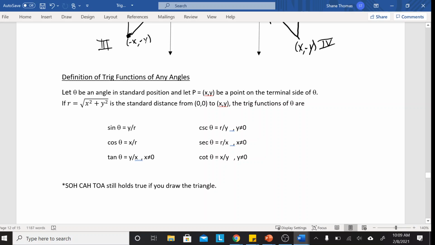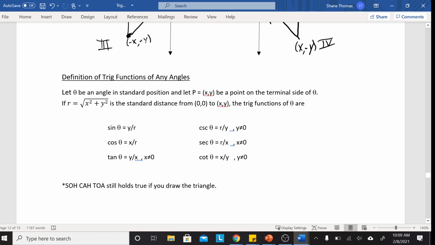So here are your different trig function values. Your sine would be y over r, cosine is x over r, tangent is y over x, cosecant is r over y, secant is r over x, cotangent is x over y. What these do for us is allow us to take that point that makes a triangle, and we don't even have to draw it.